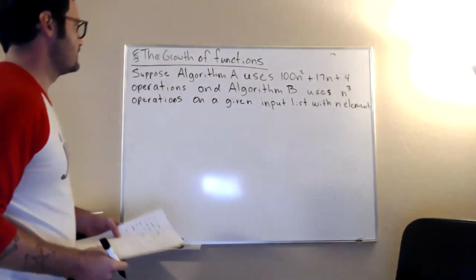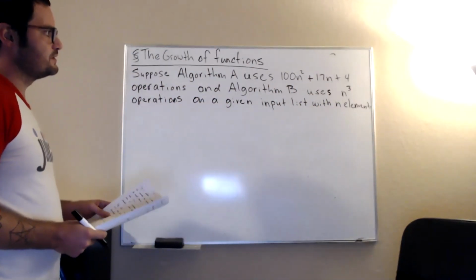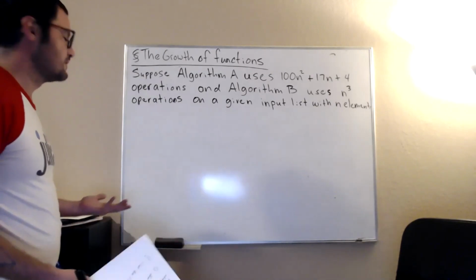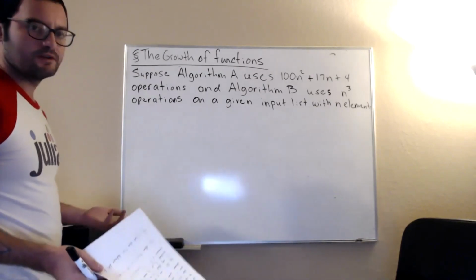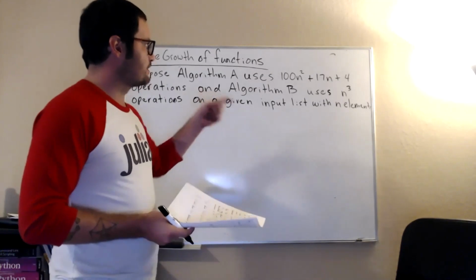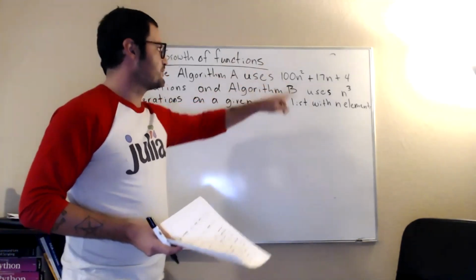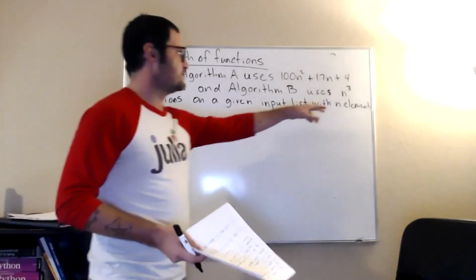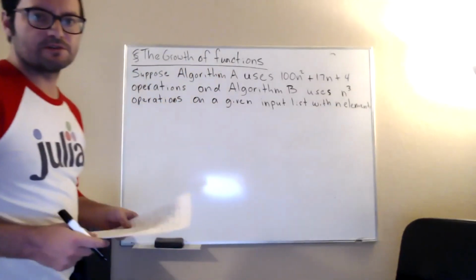All right, so if you give algorithm A and algorithm B a list with n elements, there's some problem they're solving on this list, and the first algorithm uses this many operations, and the second algorithm uses n cubed operations.